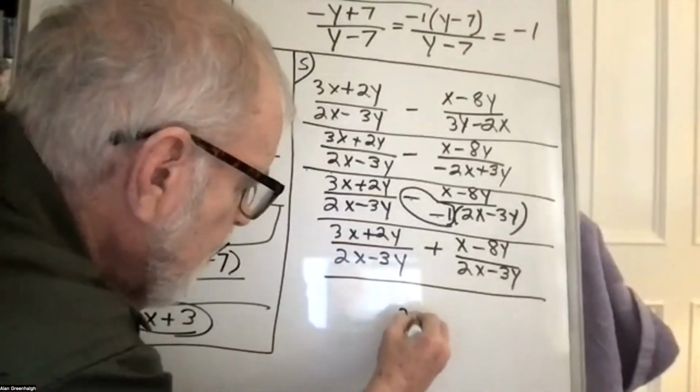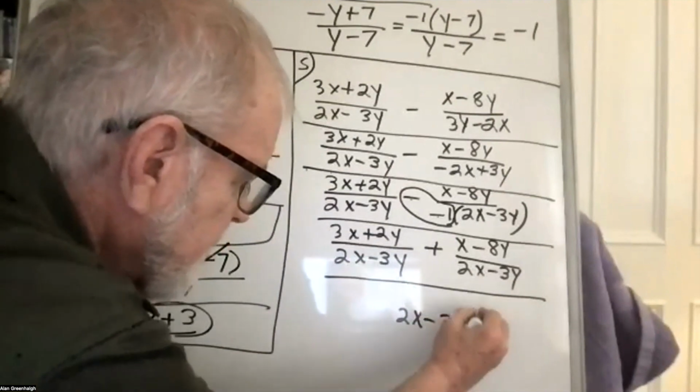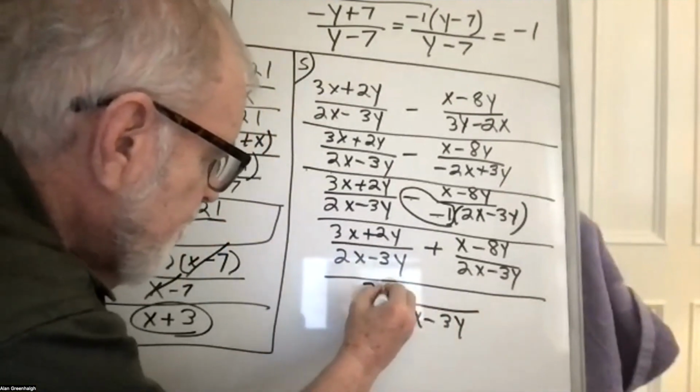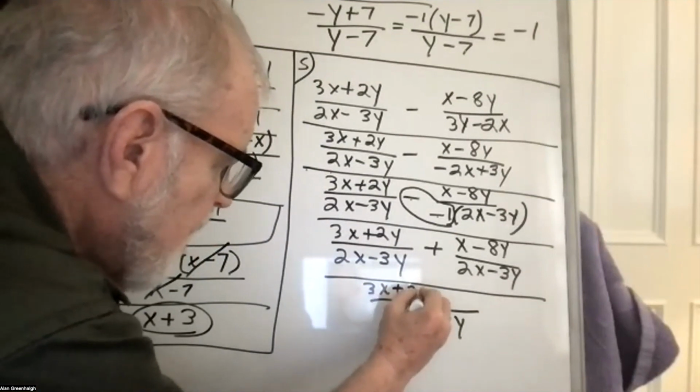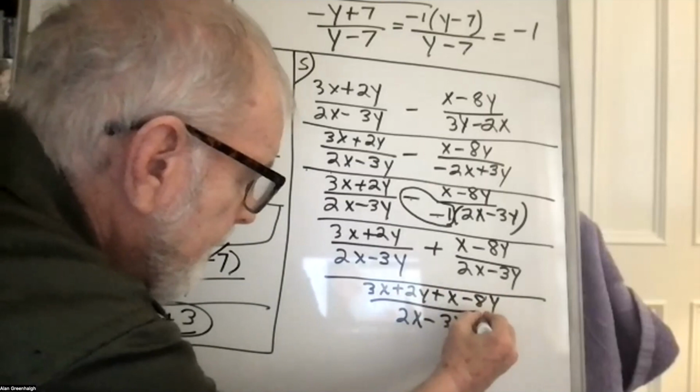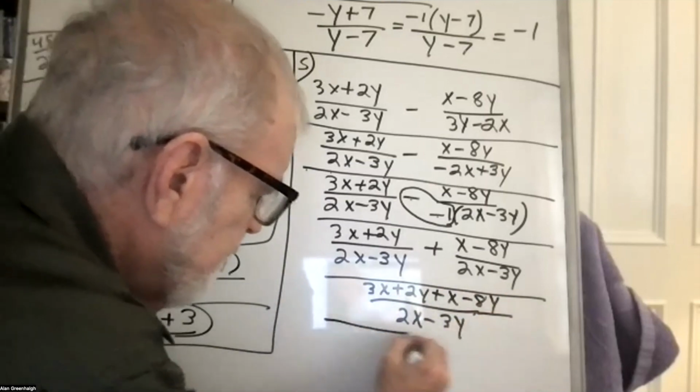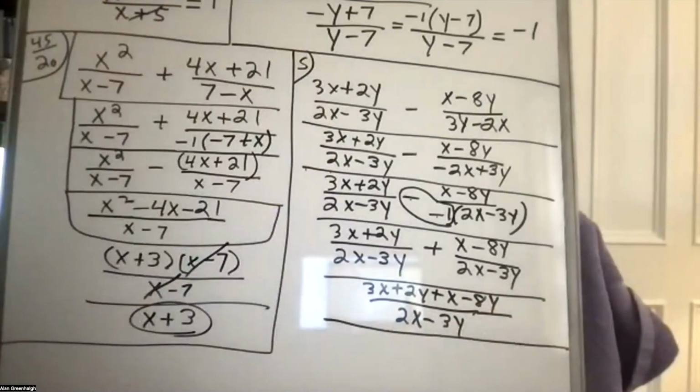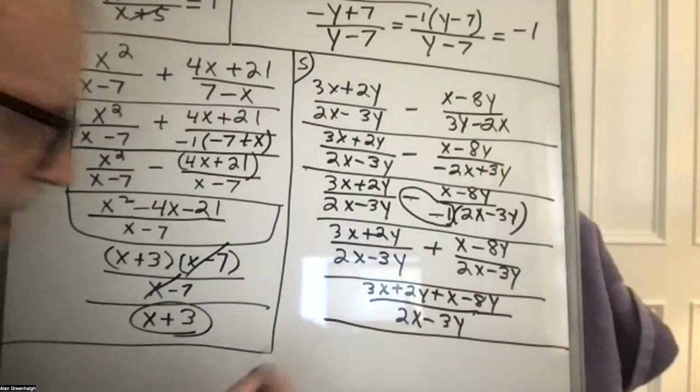And now we want to combine the two fractions. So we get 3x plus 2y plus x minus 8y. And let's see what happens.